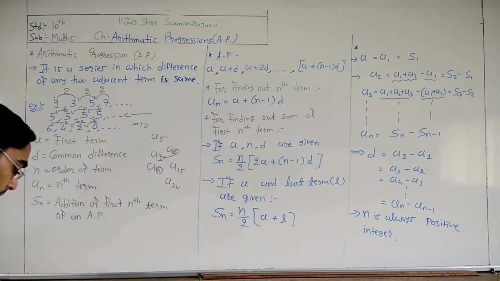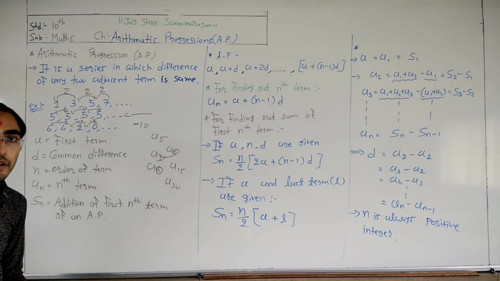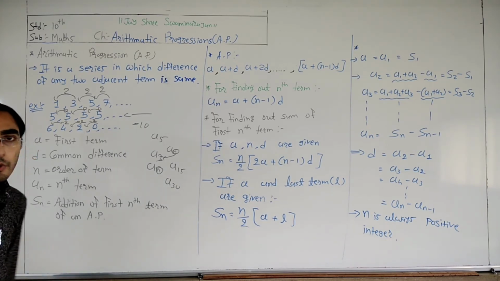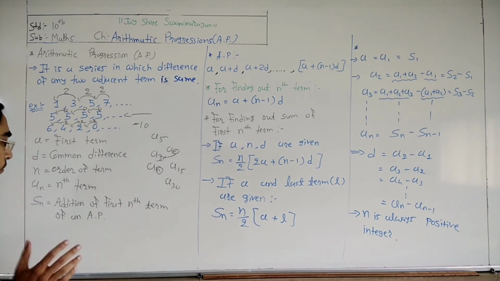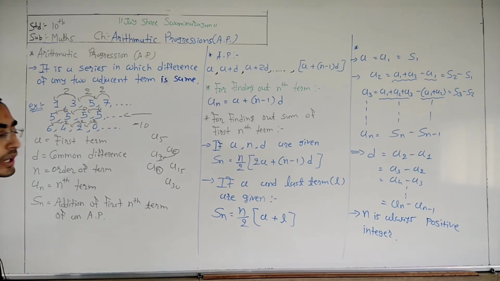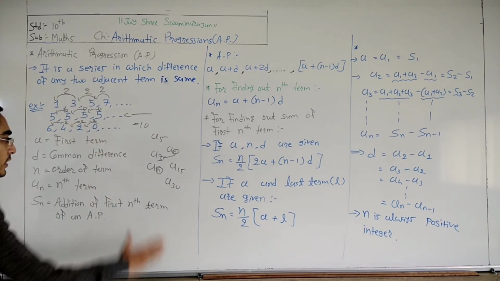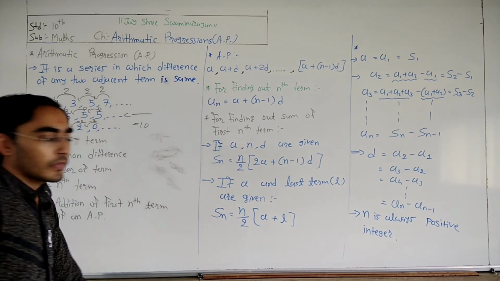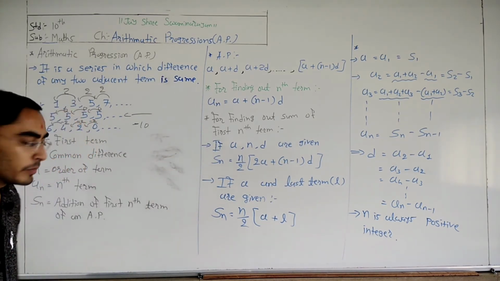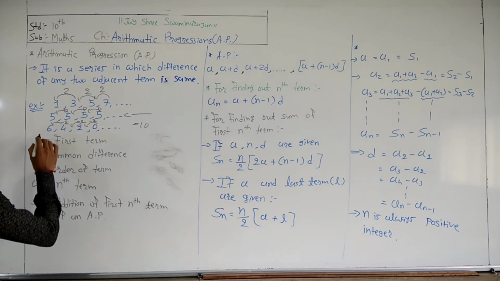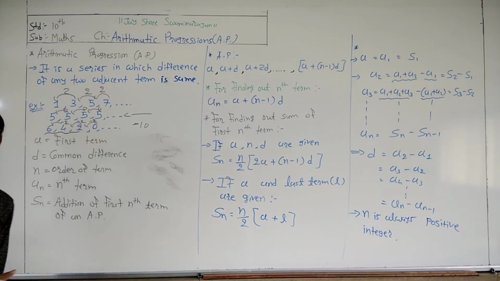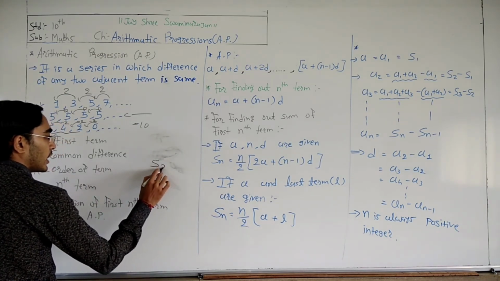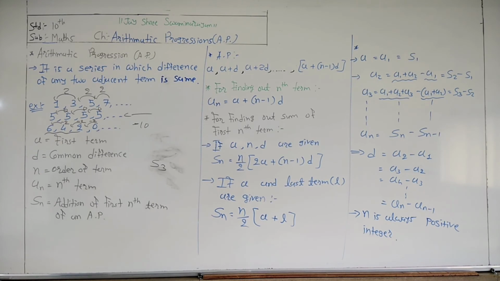After that, Sn. Sn means the addition of the first n terms of an AP, that means arithmetic progression. If we want to find the sum of the first three terms, it is represented by S3.